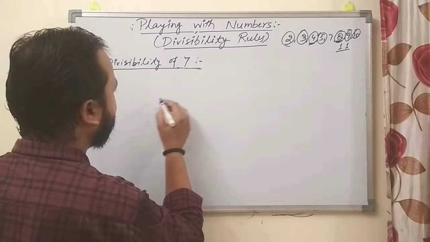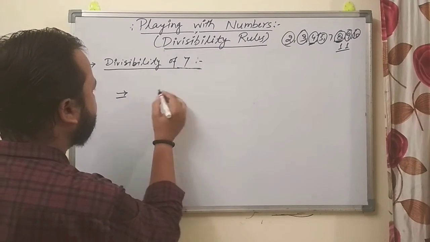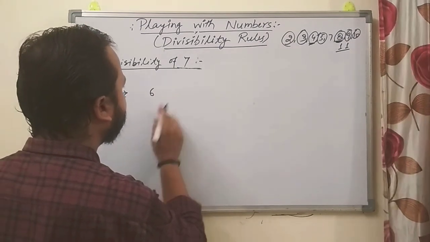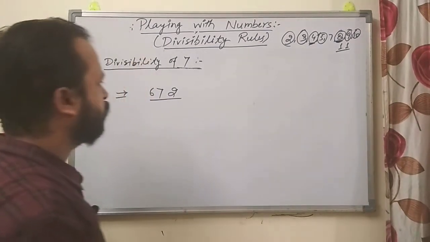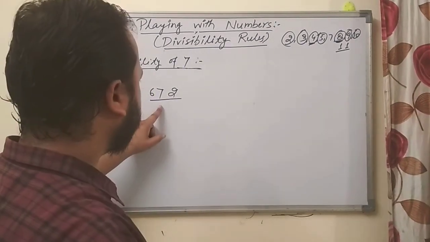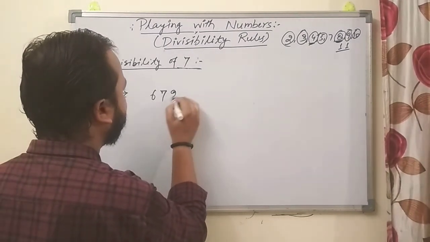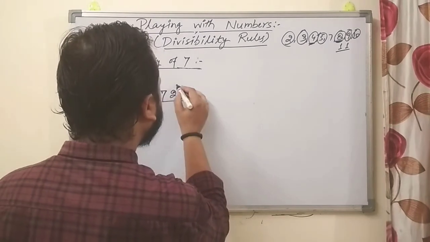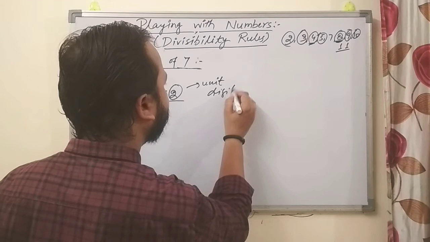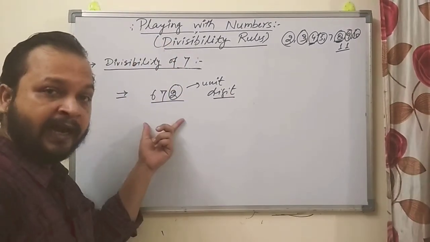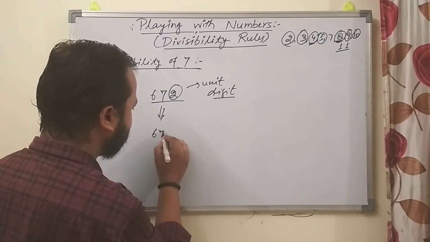Suppose we are taking an example, 672, right? Suppose this is the number, 672. This is the unit digit, and if we separate it, the remaining part is 67.